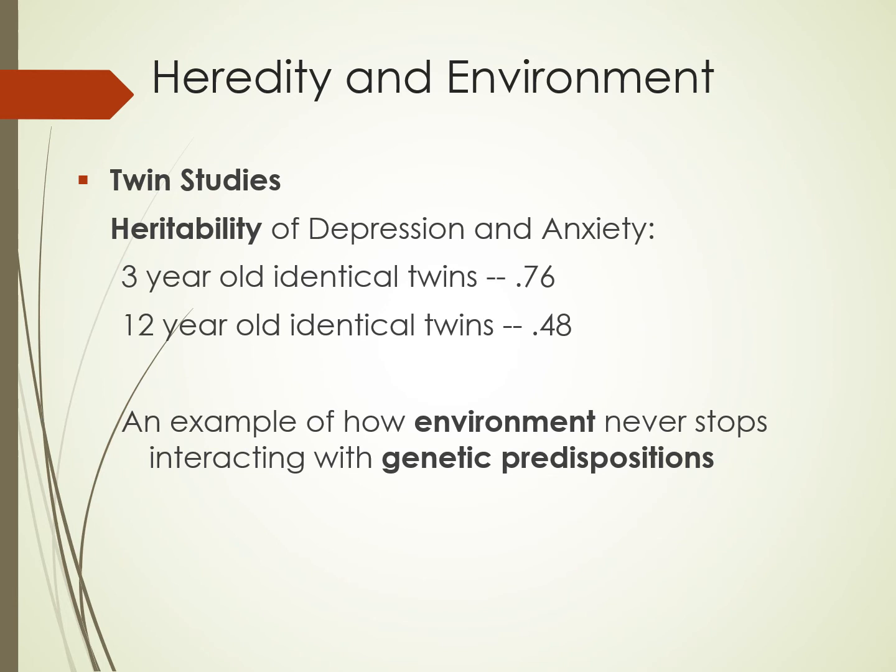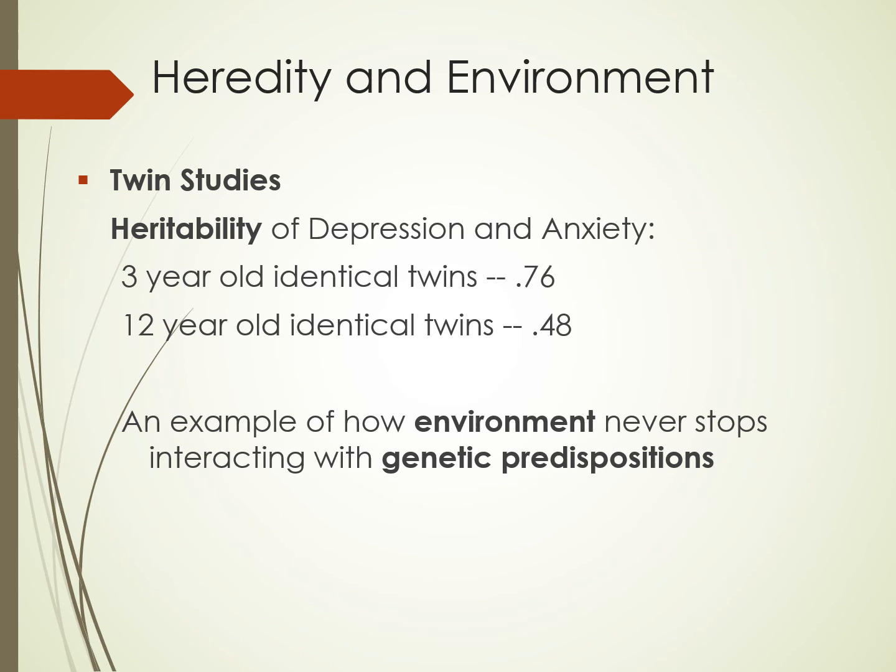So one example of a twin study is looking at the heritability of depression and anxiety. If we're looking at 3-year-old twins, that heritability rate is estimated at 0.76, so very much looking like something that's inherited. By 12 years old, 12-year-old identical twins are at a concordance rate of 0.48, so it's looking like environment has more and more of an influence and genetics less and less.